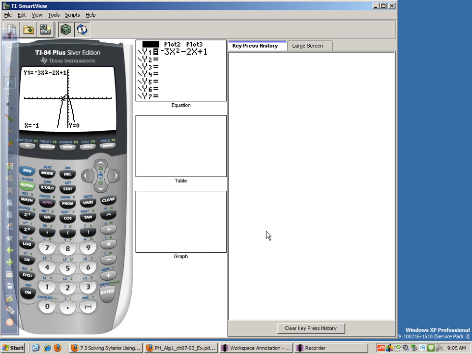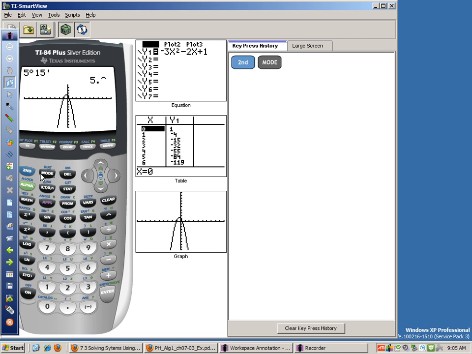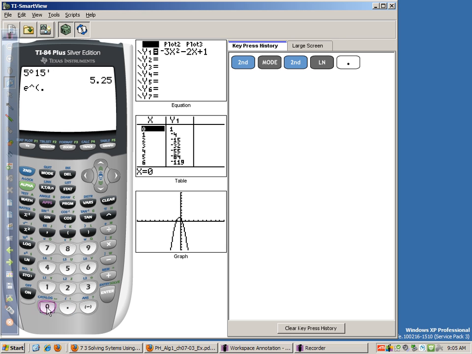On this one, it's above the button that says LN, it's your second function. It says e to the x. This is e to whatever power. So if we wanted to do e to the 0.06 times 10, that's how we would do it.